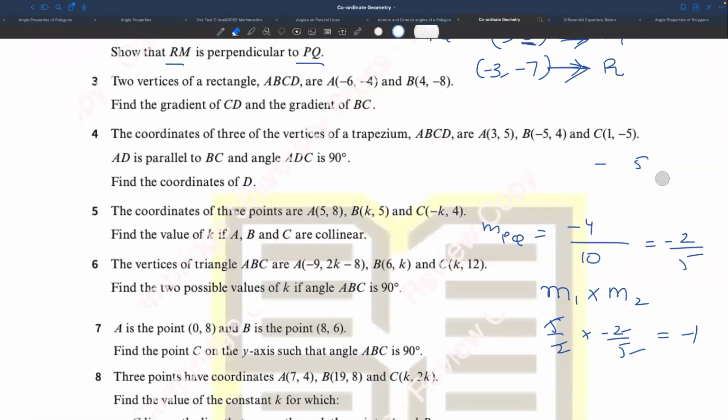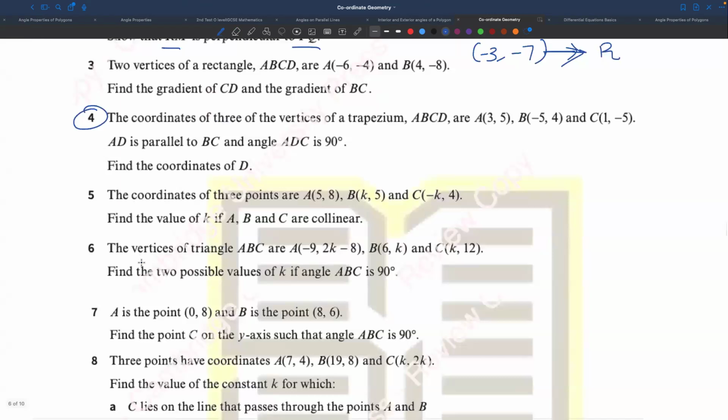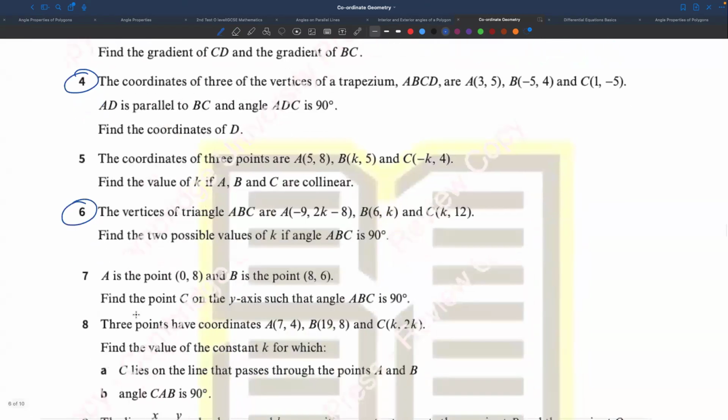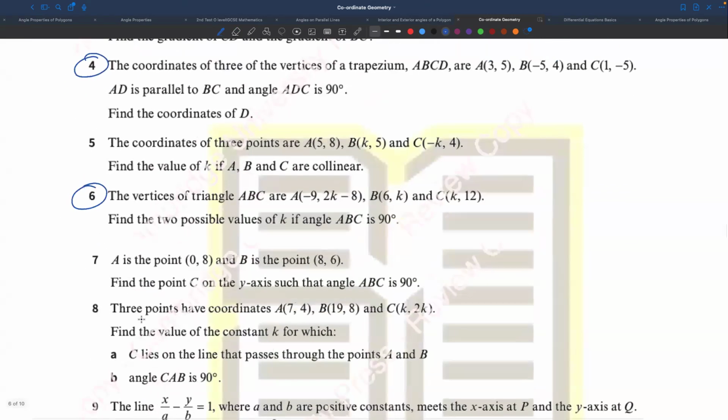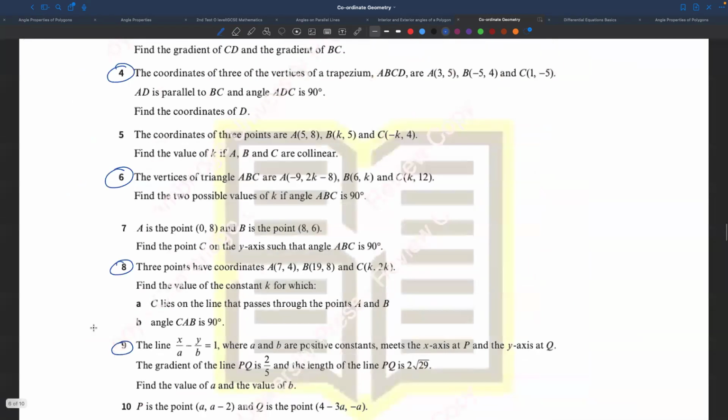I'm assigning you some questions and then I will take you directly to past paper questions. Okay, let's give it a try. 4, 6, 8, 9. Let's quickly do these questions first.